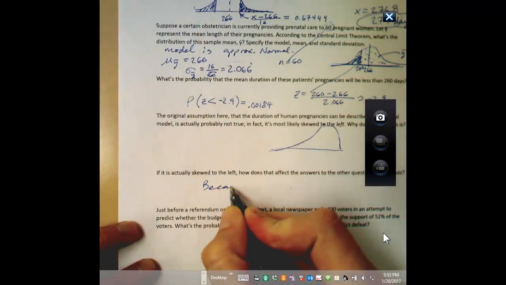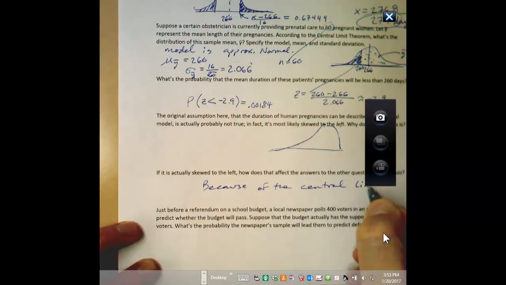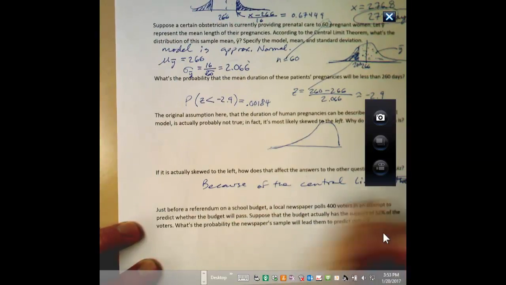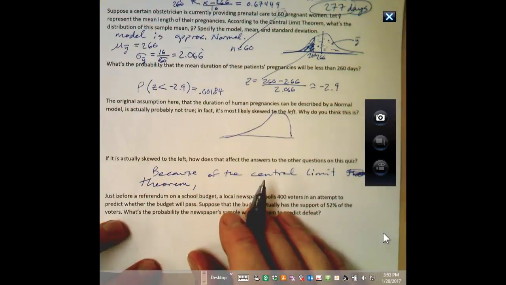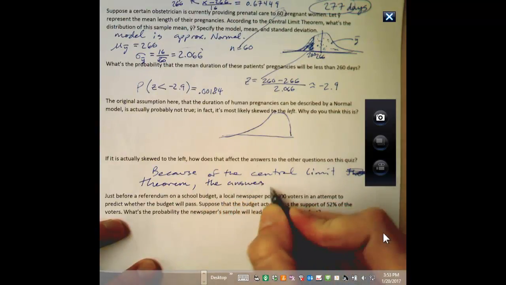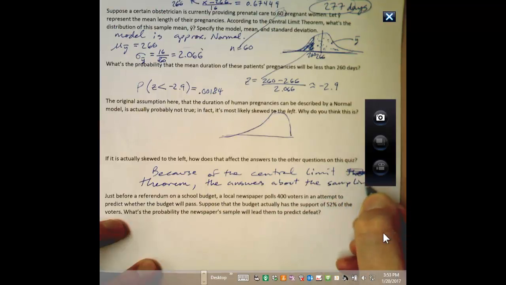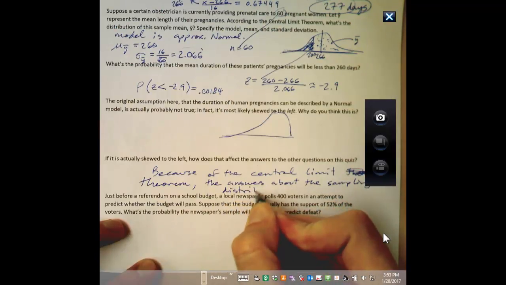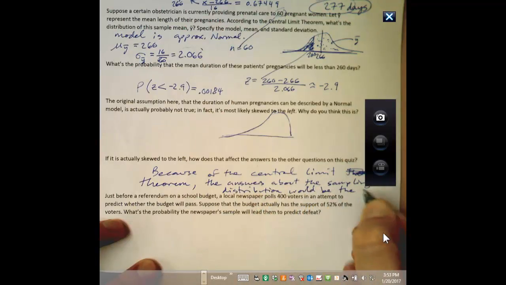Because of the central limit theorem, so I can say, because of the central limit theorem, the answers about the sampling distribution would be the same.